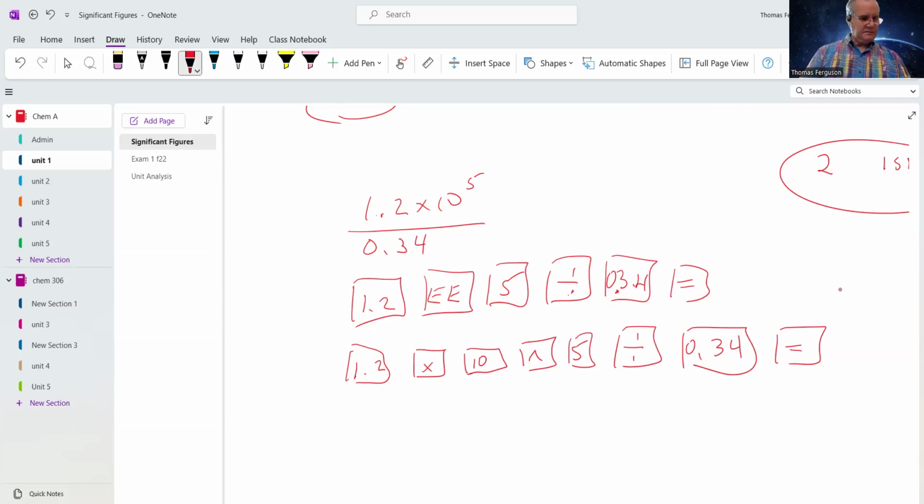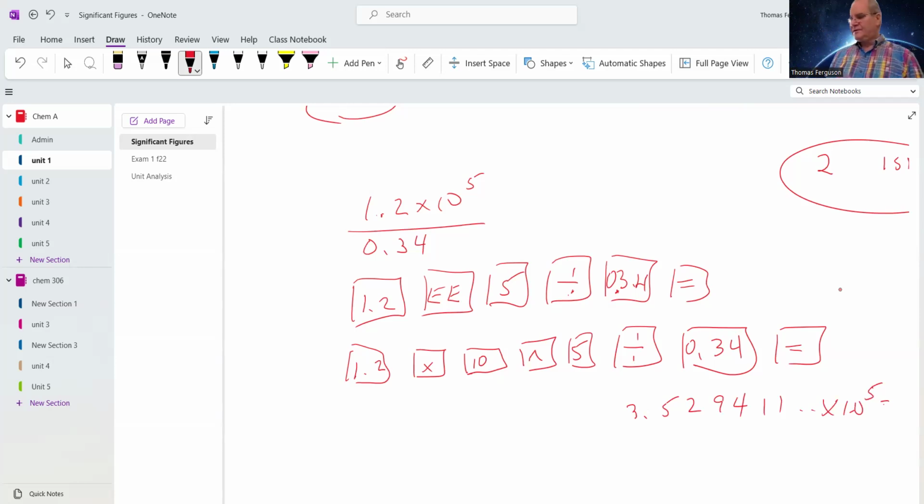Okay, and let's see what this is. So that's the answer my calculator gave me.